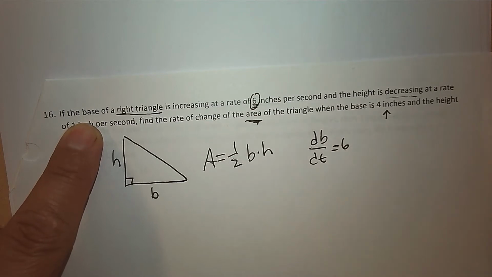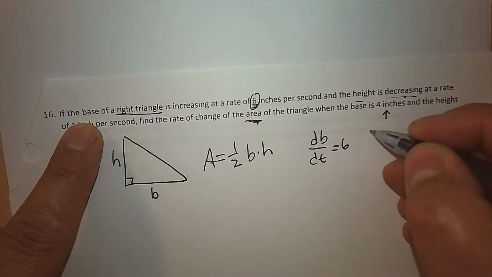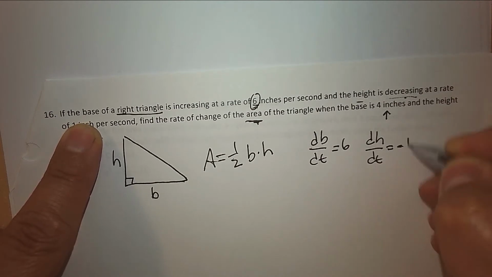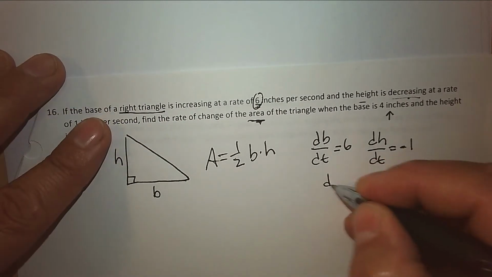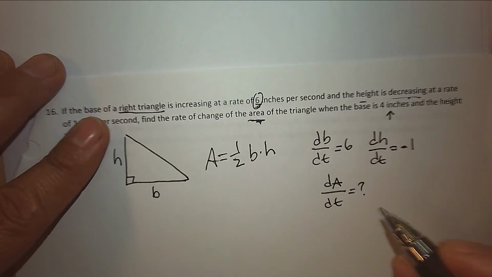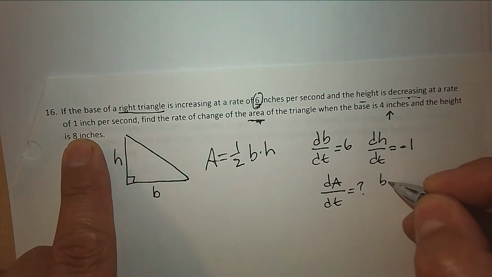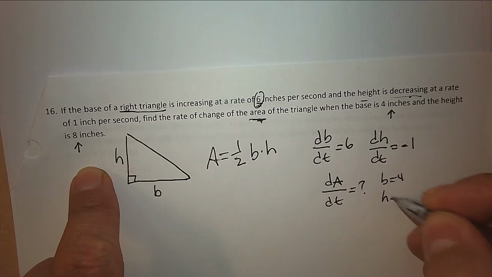Increasing means it's a positive number. The height is decreasing over time. So the derivative of the height with respect to time is actually going to be -1 because it's getting smaller. My goal is to find the derivative, the area with respect to time, and thinking, what is that? And that's when the base is 4 and the height is 8.